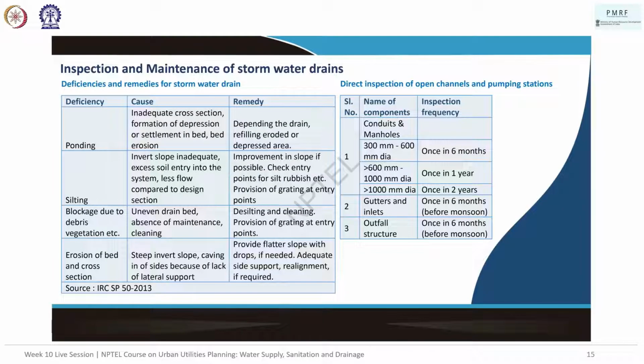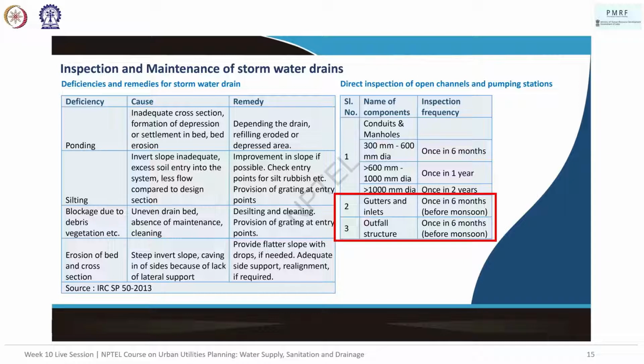Alright, so from the lecture again, we can see that gutters, inlets, and outfall structures need to be checked once every 6 months. The essential idea is that they need to be inspected and their quality ensured before the monsoon arrives. In fact, even in places like Chennai, when we had urban floods, a couple of major disasters in the recent past, one of the major reasons, apart from all the others, was that there was not enough maintenance of stormwater drains.